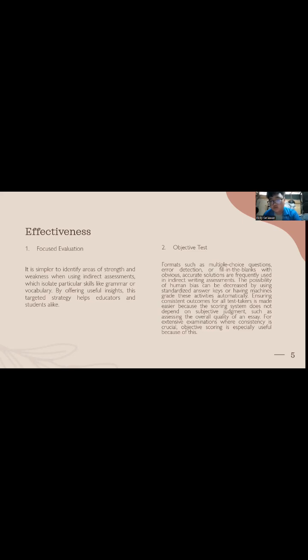Ensuring consistent outcomes for all test takers is made easier because the scoring system does not depend on subjective judgment, such as assessing the overall quality of an essay. For extensive examinations, where consistency is crucial, objective scoring is especially useful because of this.